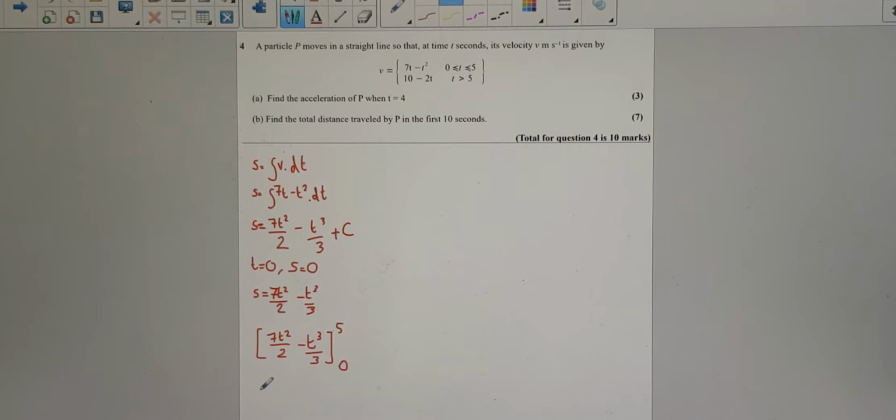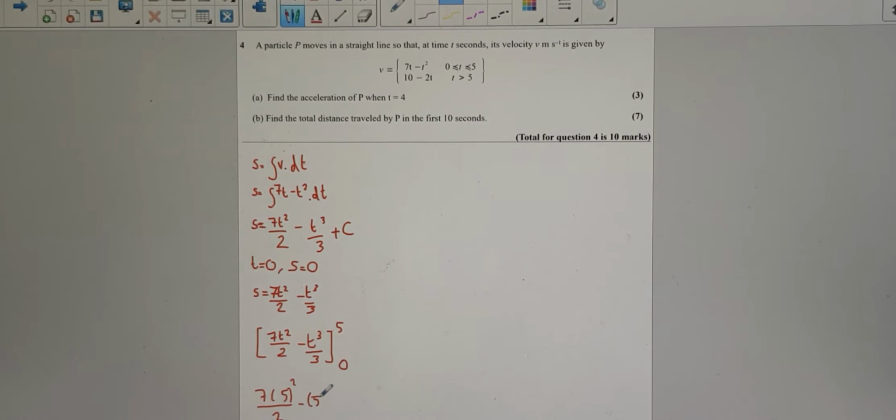So all I'm left with is 7 lots of 5 squared over 2 minus 5 cubed over 3.